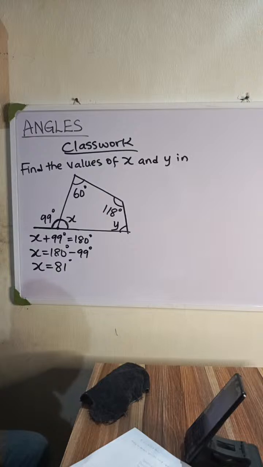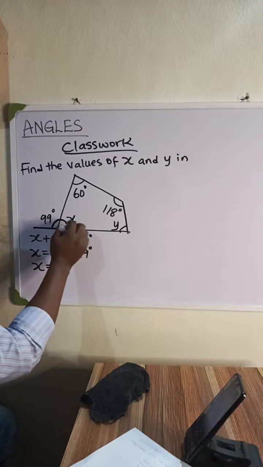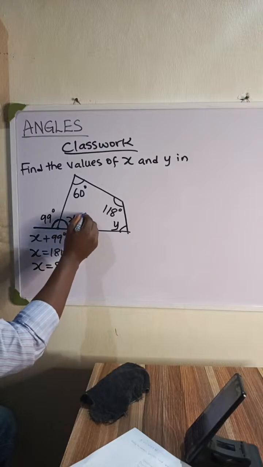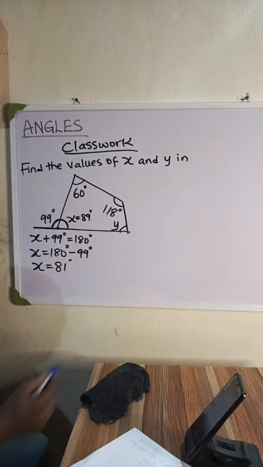Okay, Confidence has brought in his or her own answer. Okay, so since we've gotten x, now we know that x is equal to 81 degrees. So we can use the sum of angles in a quadrilateral to get the value of y.